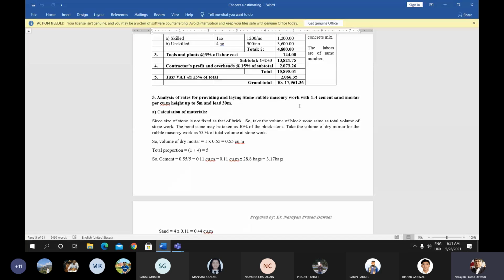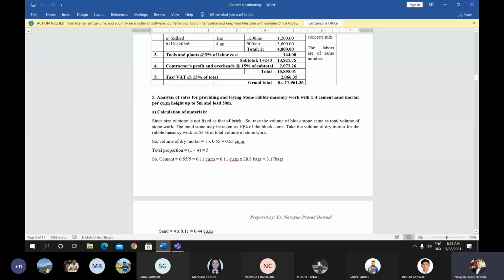Because this 1 cubic meter stone is brought from the river, and it is broken by using the hammer to the size that can be carried by the lever, which is placed in the wall.